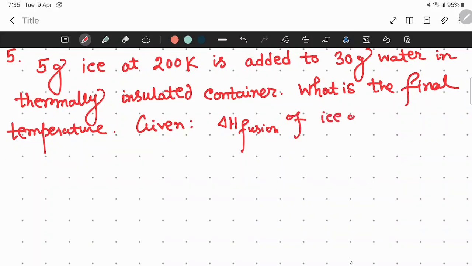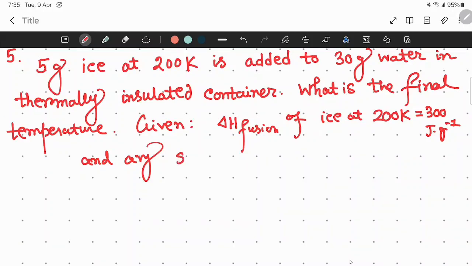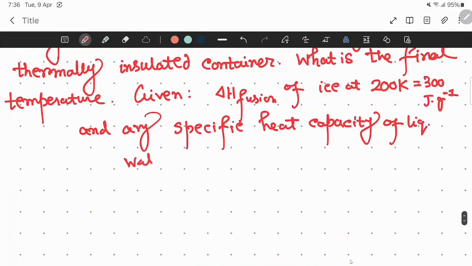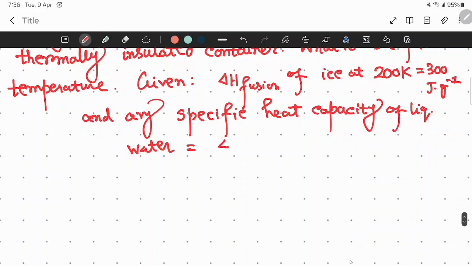of ice at 200 Kelvin is 300 joule per gram, and the average specific heat capacity of liquid water is 4 joule per Kelvin per gram.